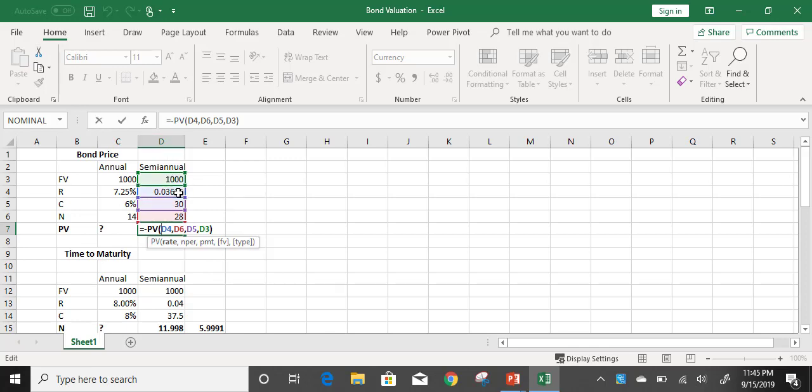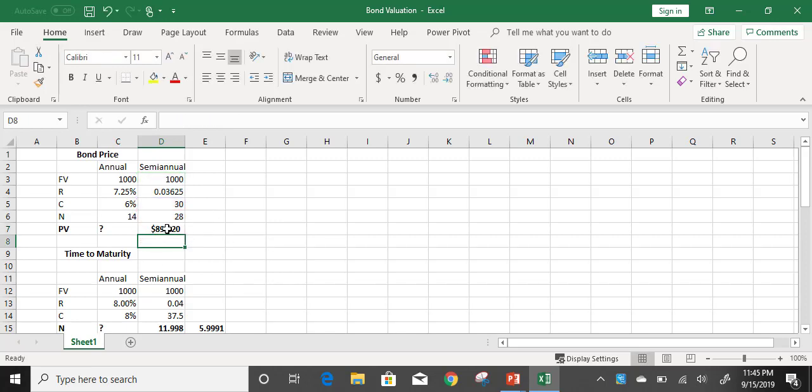This rate is the yield of the bond. The number of periods is 28, followed by the coupon payment, which is an ordinary annuity, so it's 30, and the face value is 1,000. That gives us the present value of the bond, which is $891.20.